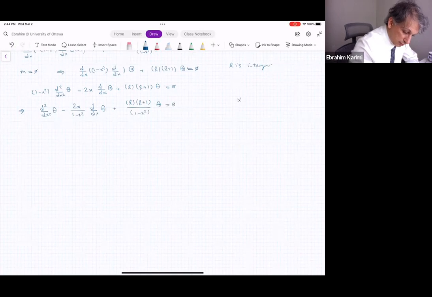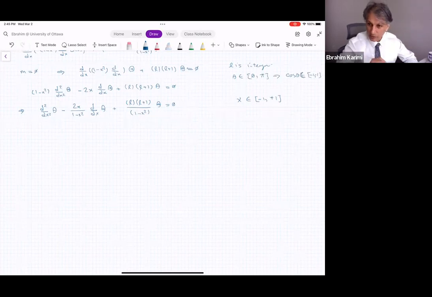And recall that the domain that we do have is minus 1 to 1, because theta belongs to 0 and pi. Therefore, cosine of theta is changing from minus 1 to plus 1.